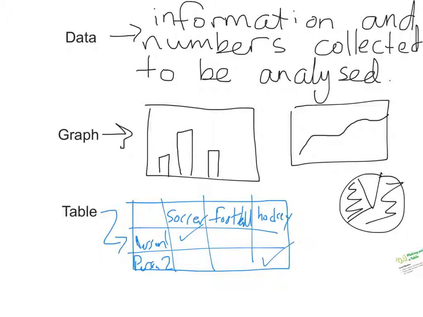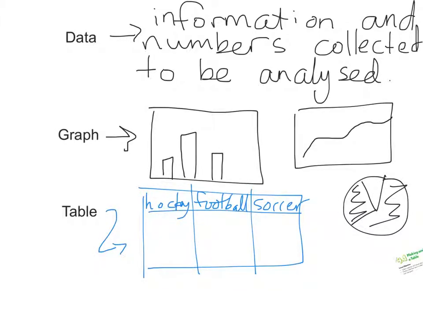You can also have a table that shows you the totals. So maybe you've asked a total of 100 people, and 33 people said their favorite sport was hockey. 15 said football, and maybe 45 said soccer.